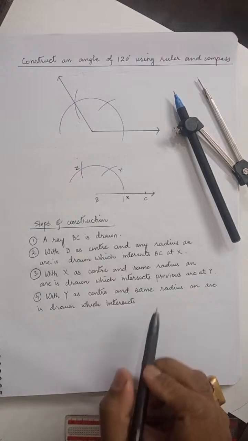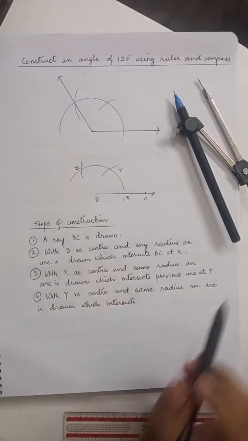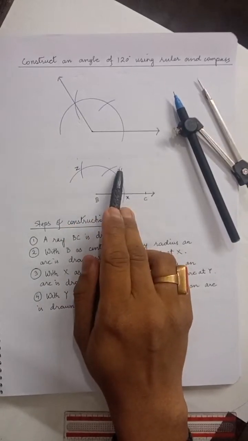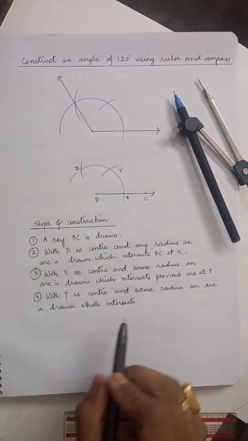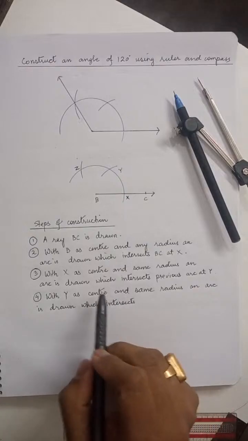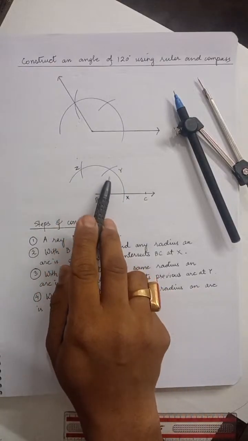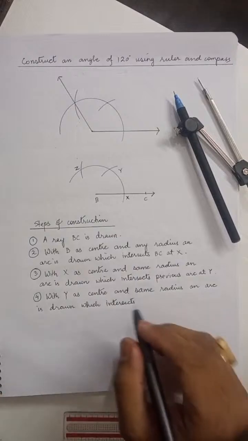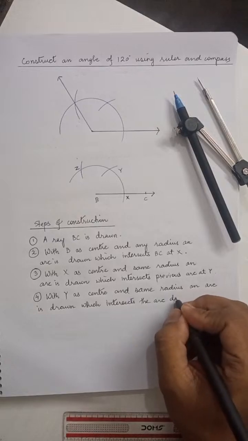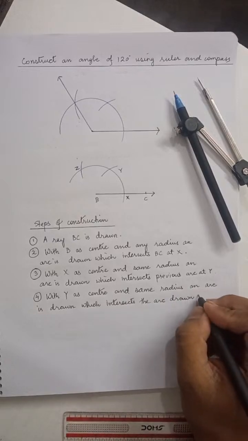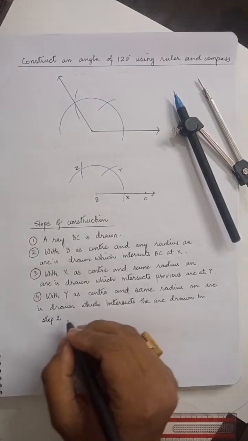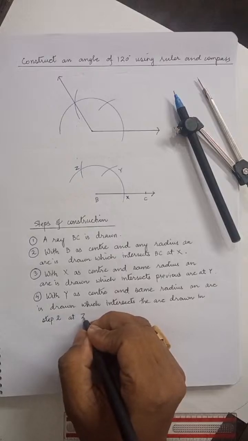Okay, at this point if we write intersects the previous arc, it will mean that it is intersecting this small arc. So we have to write which intersects the arc drawn at step 2. Which intersects the arc drawn in step 2 at Z.